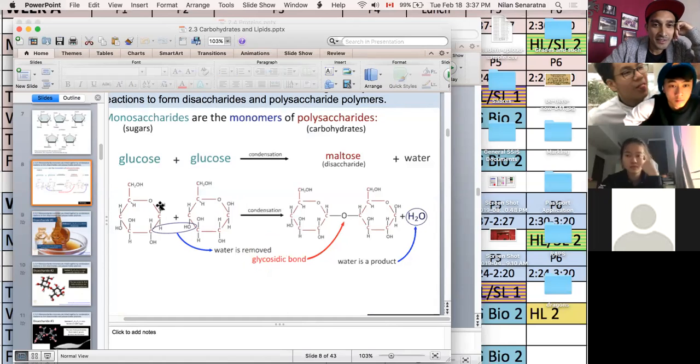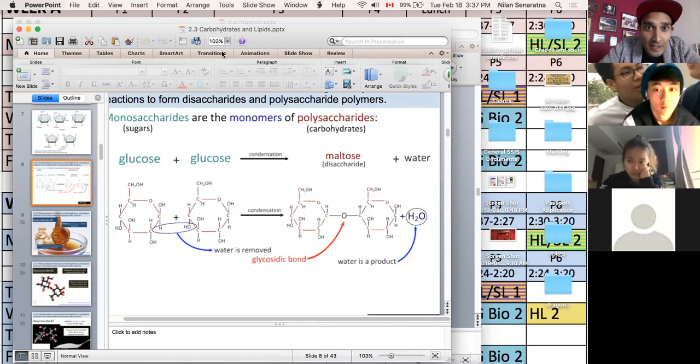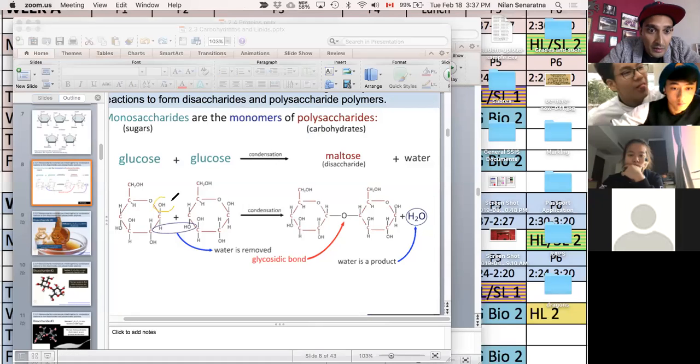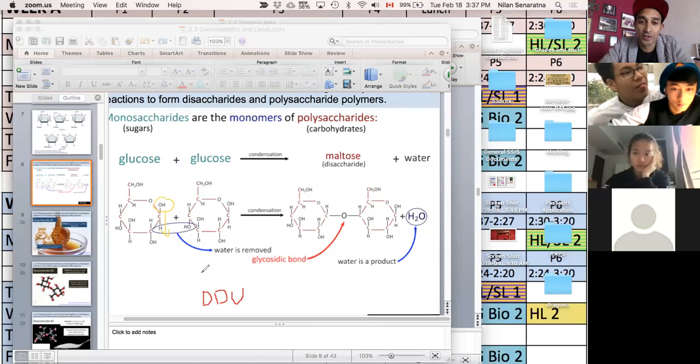If they had drawn this correctly, they would have drawn the OH down here, and then they would have had OH circling the OH, and drawn it properly. So that's the issue. This should not be beta. The mistake is this is drawn wrongly as a beta glucose instead.